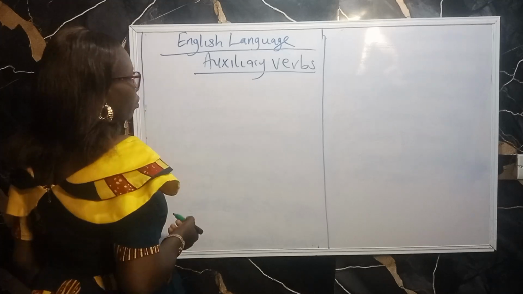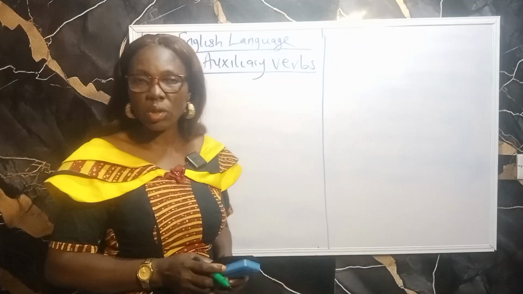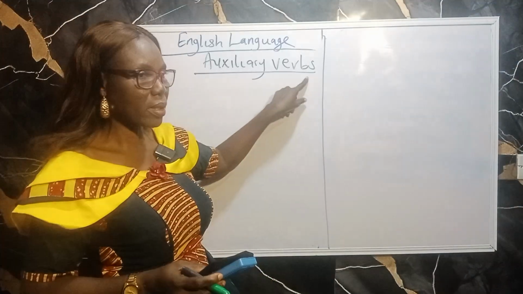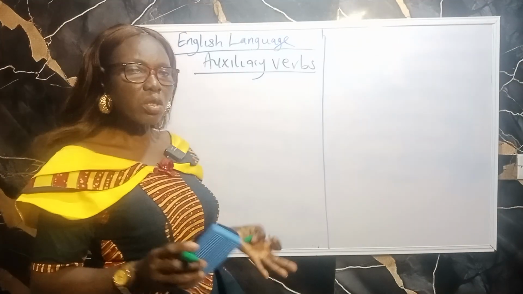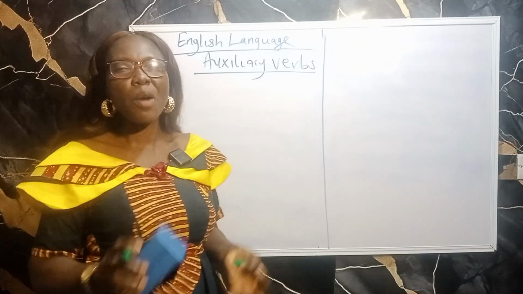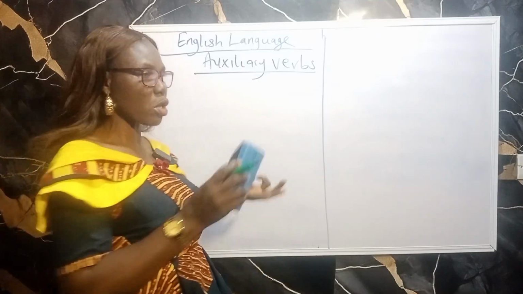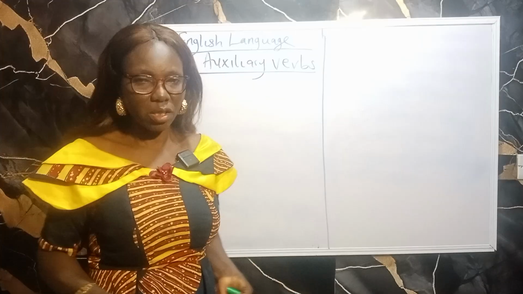Now, to start with, what is an auxiliary verb? When we say auxiliary verbs, we mean those verbs that are used as helping verbs. We use them with the main verb in order to express actions.